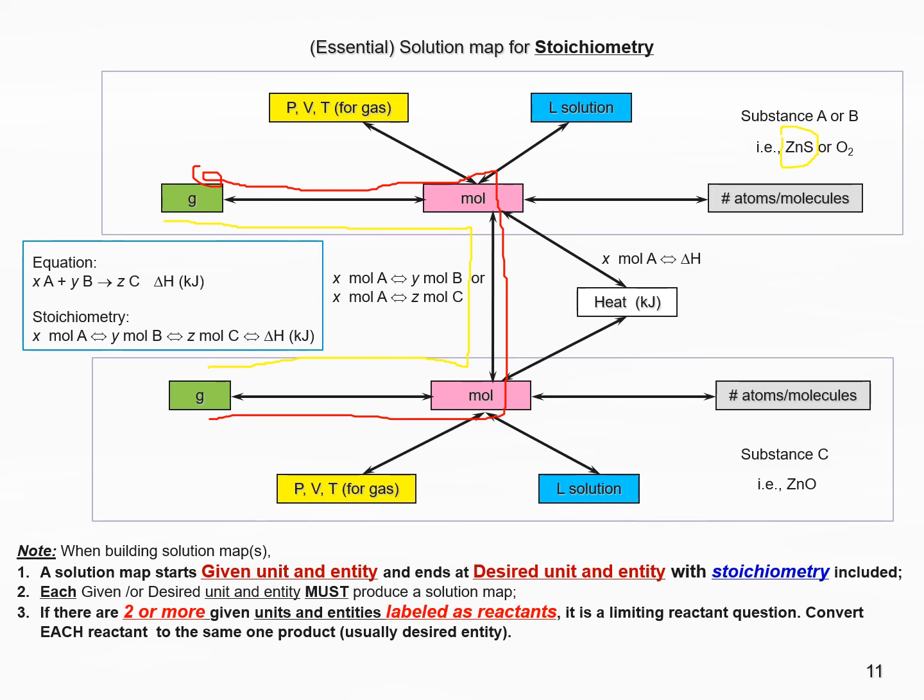So 2 solution maps. So that explains the step 2. Each given and or desired unit entity must produce a solution map. So we got 2, zinc sulfide and oxygen, 2 reactants, 2 solution maps indeed.